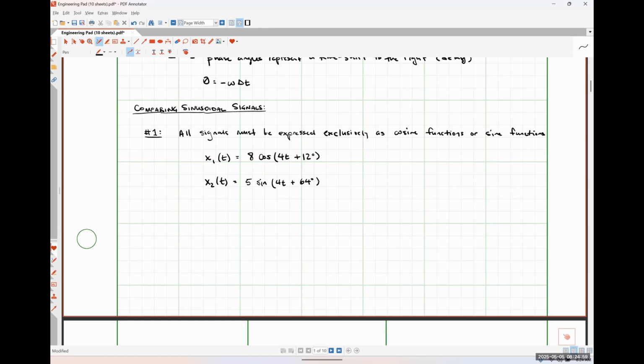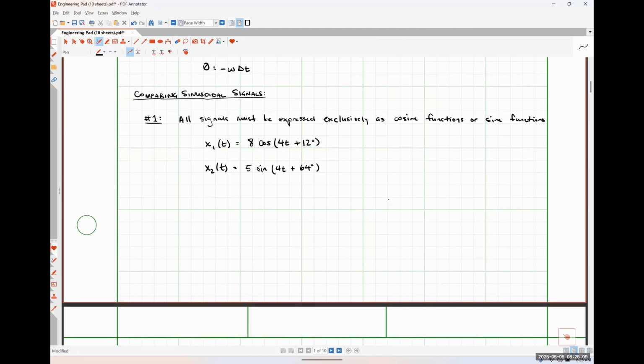So in order to facilitate this changing from sine to cosine or cosine to sine, I want to introduce to you guys two trig identities that you might be able to use, okay? So let's just call this trig identity 1. In order for me to go from sine to cosine, so let's say that I have sine of omega t plus some phase angle phi.